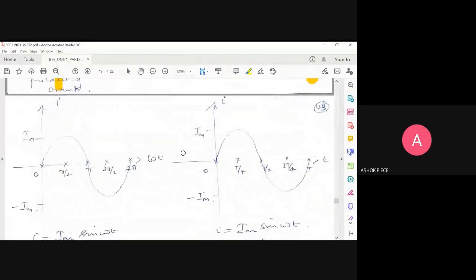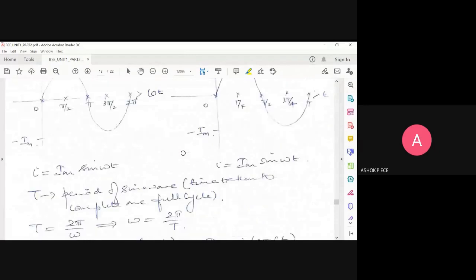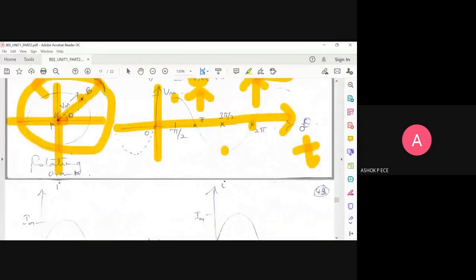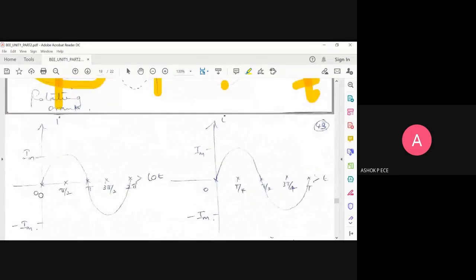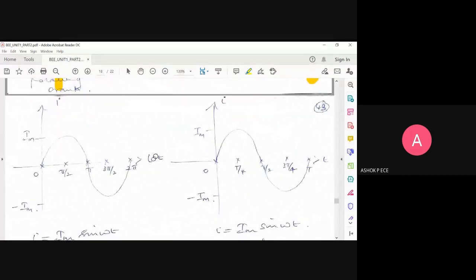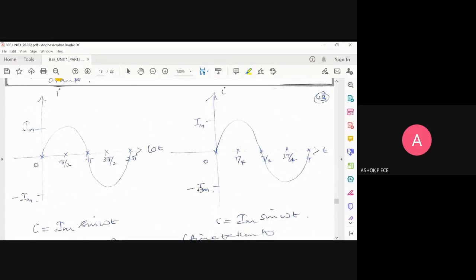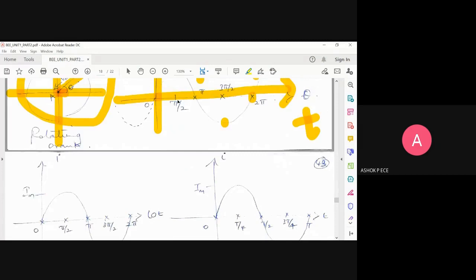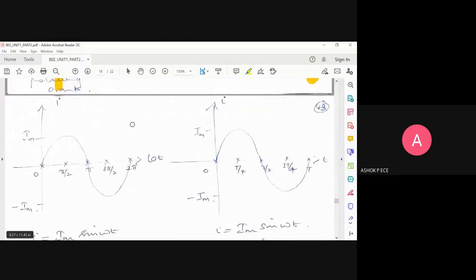Same thing for, see, we have drawn the sine wave with respect to theta. Now I am drawing the sine wave with respect to omega t. So when omega t is 90, theta is the same as omega t. So this diagram will be the same as the previous diagram.